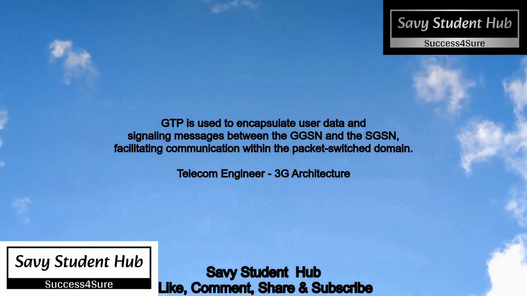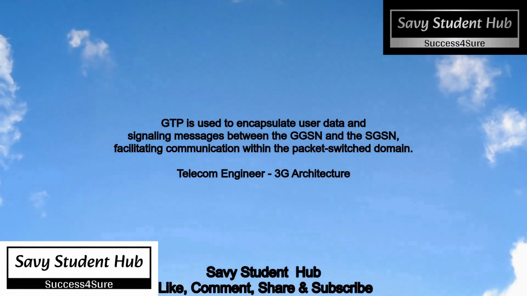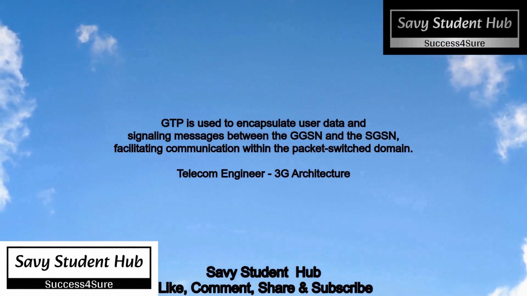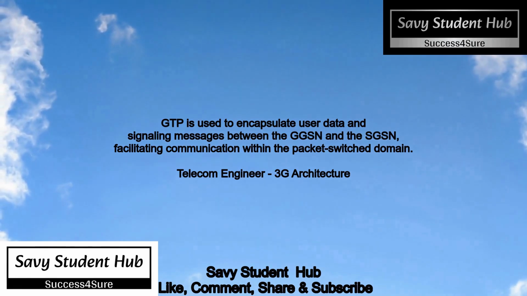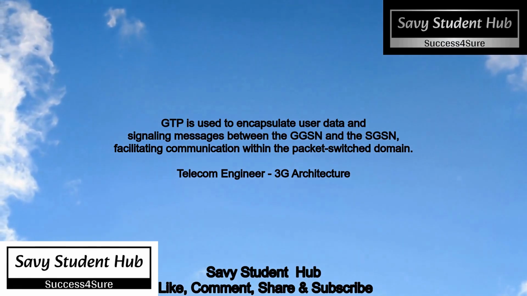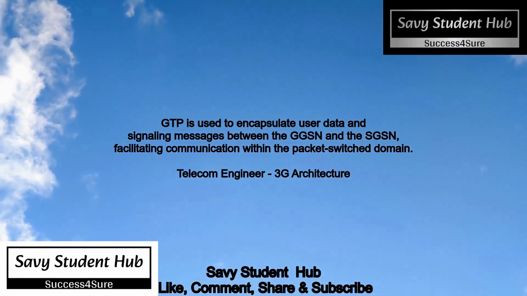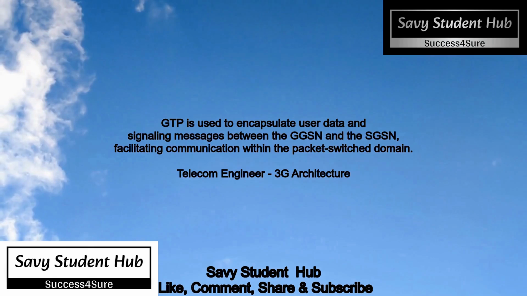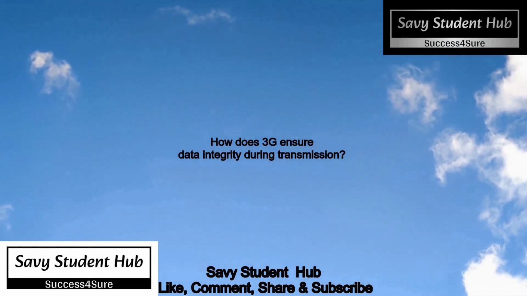GTP is used to encapsulate user data and signaling messages between the GGSN and the SGSN, facilitating communication within the packet-switched domain. How does 3G ensure data integrity during transmission?